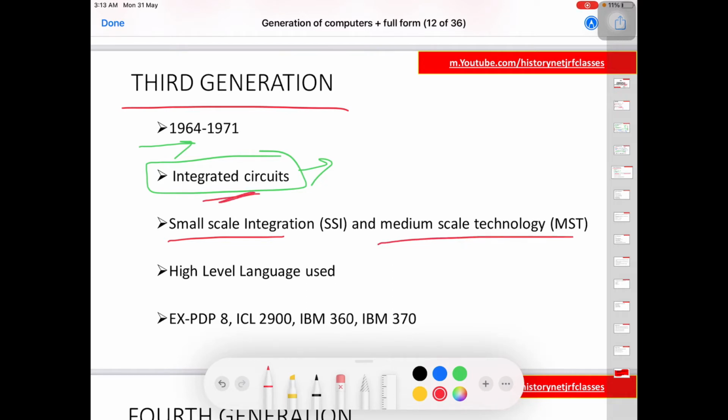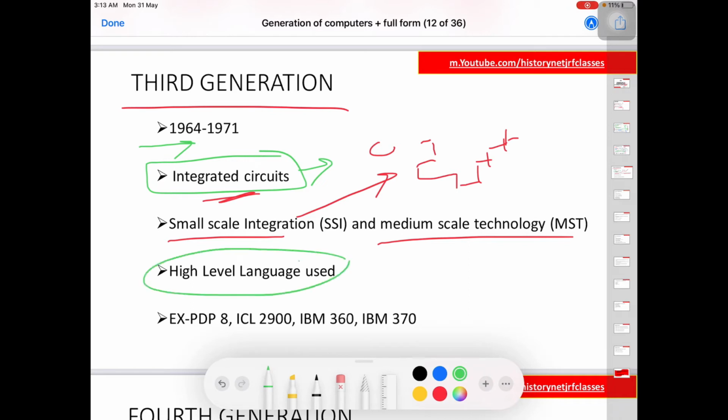Under integrated circuits, the circuits are integrated to each other, which is why it is also known as small scale integration. In this there is use of high level language, so this is a new addition. In the second we had machine level and assembly level, and in the third we have high level language directly. Examples are PDP-8, ICL 290, IBM 360, IBM 370.